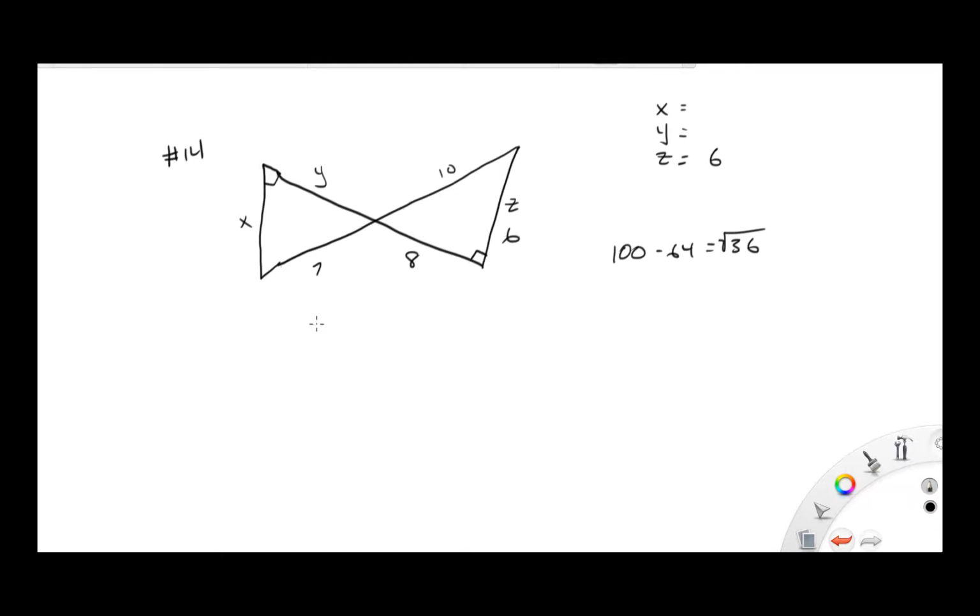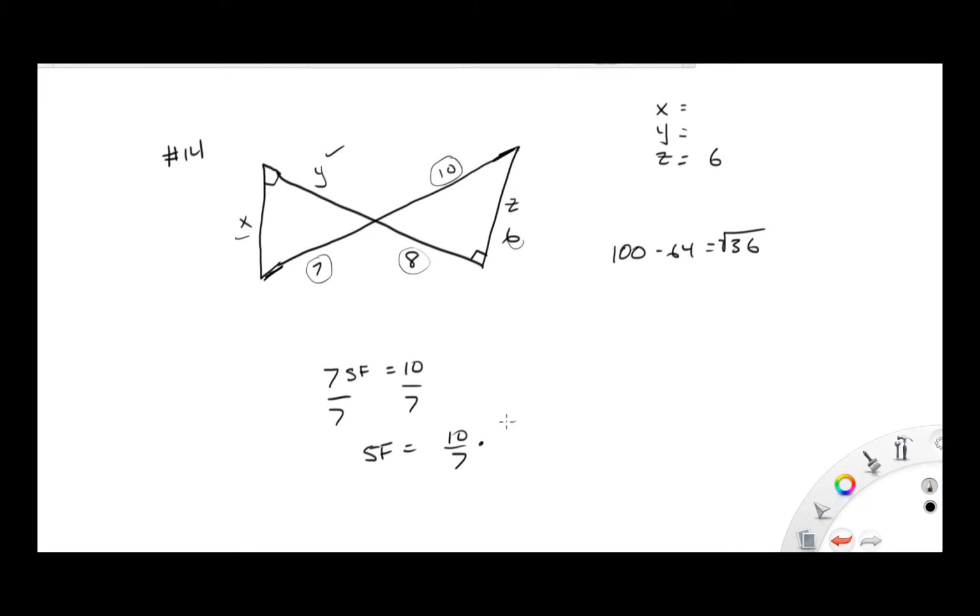Okay, now once we have that solved, we can use a scale factor, and the only scale factor that we can use is this 7 and this 10, because both this line and this line are the same. Okay, so we're going to say 7 scale factor equals 10. We divide by 7, scale factor equals 10 over 7, which means that we can multiply this scale factor by 8 to find y and by 6 to find x.